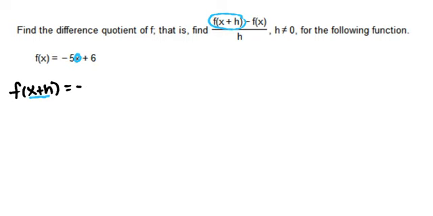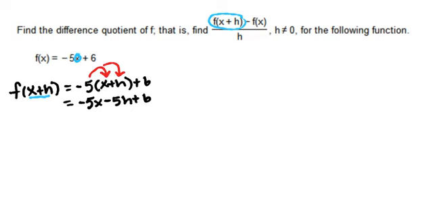So that will give us negative 5 times x plus h plus 6. And I'll simplify by using the distributive property. I'm going to distribute negative 5 to both these terms. That gives negative 5x minus 5h plus 6.